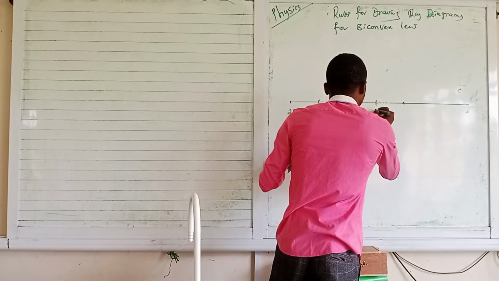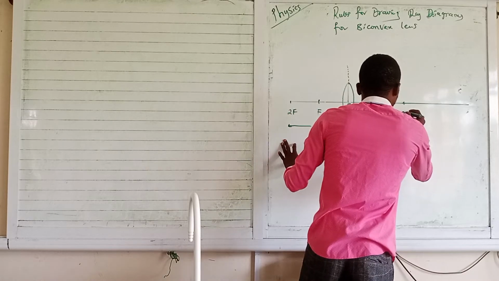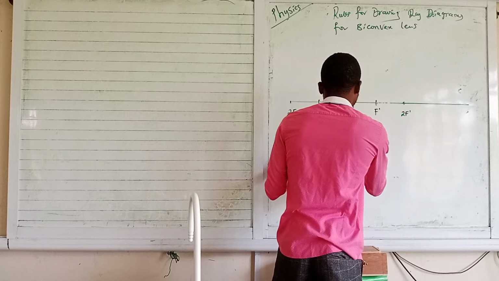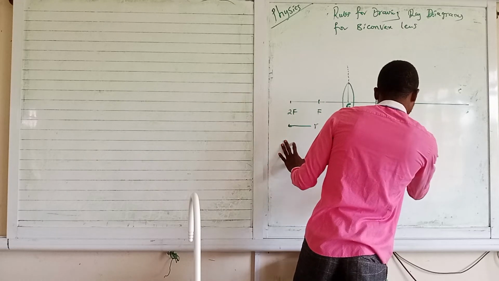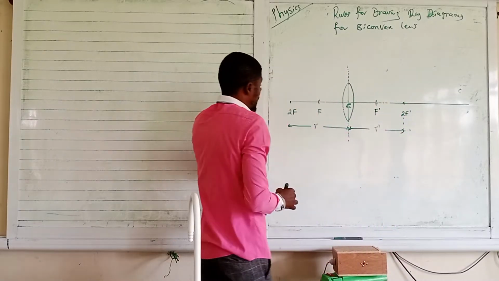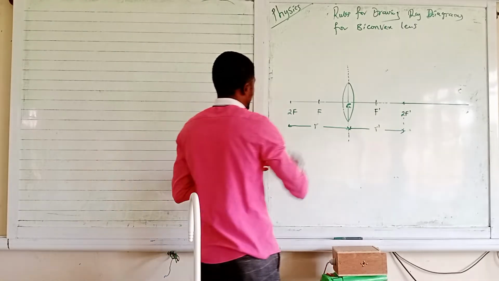So here is your F prime, and here is your 2F prime. We can even say that to this point is your R prime.